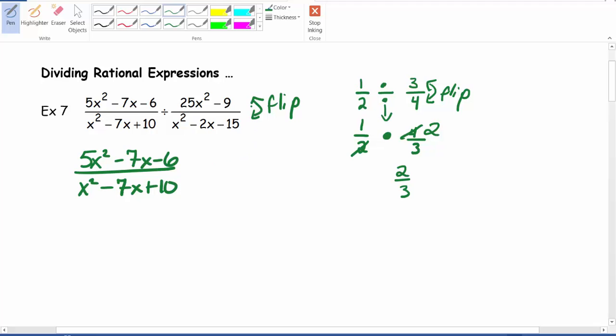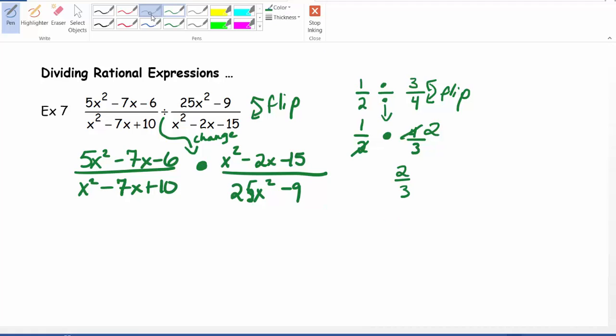So that x squared minus 2x minus 15 is now on top. On the bottom, we have that 25x squared minus 9. And instead of a division symbol, we're going to change it to a multiplication symbol.